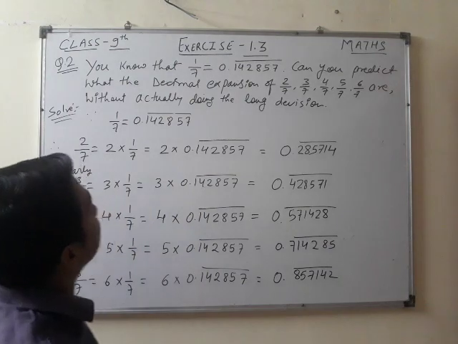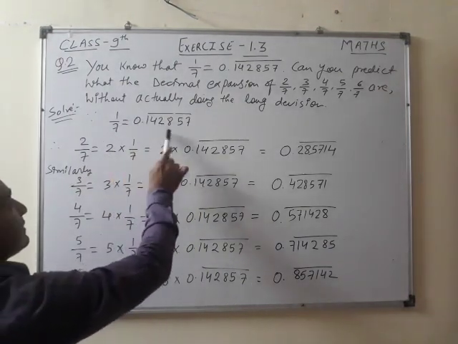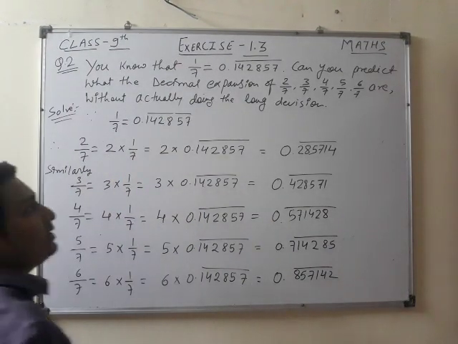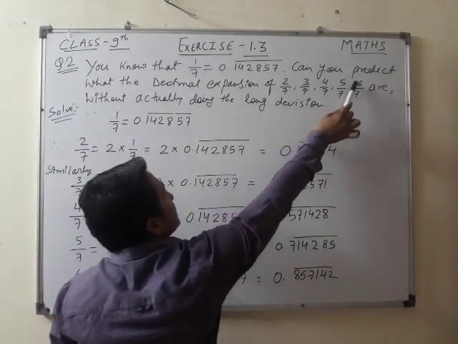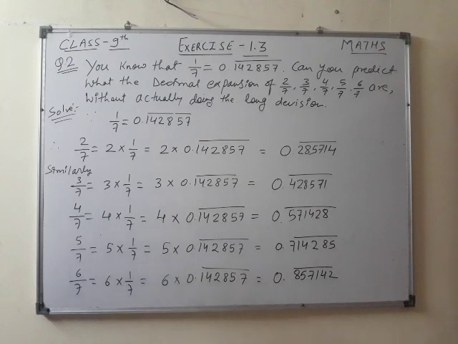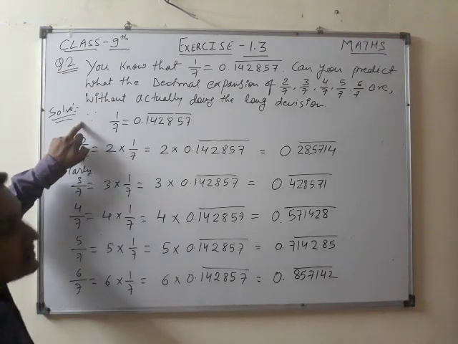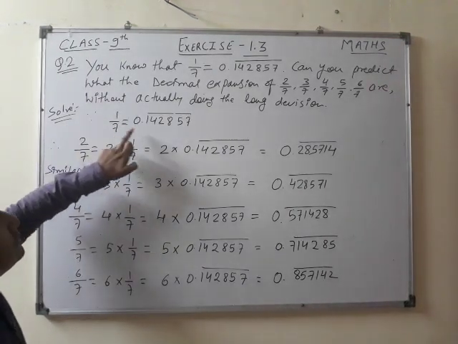It means it is given that the value of 1 upon 7 is this, and we need to find the values of 2 upon 7, 3 upon 7, 4 upon 7, 5 upon 7 and 6 upon 7 without actual division.